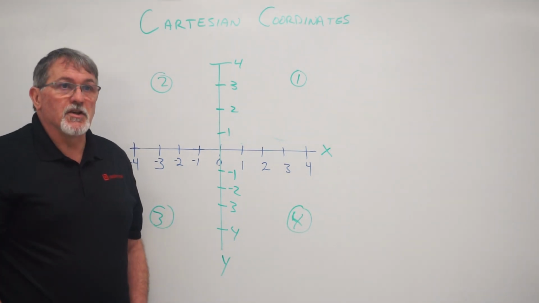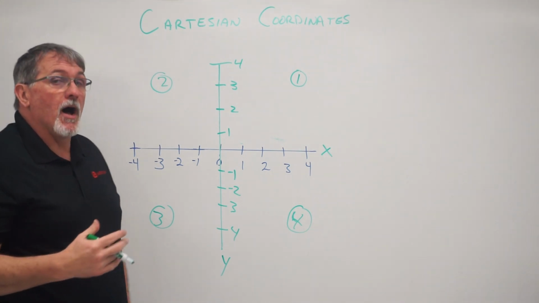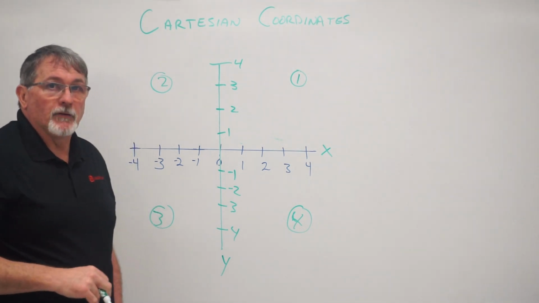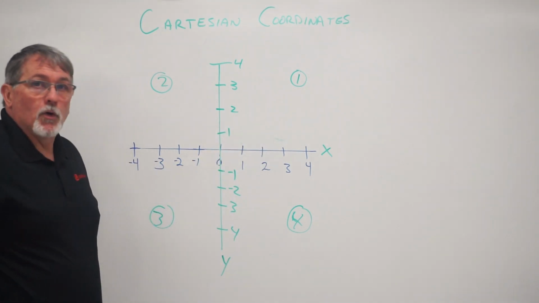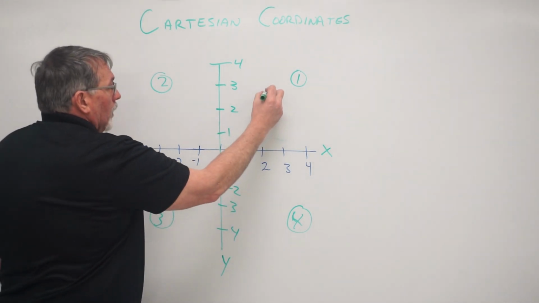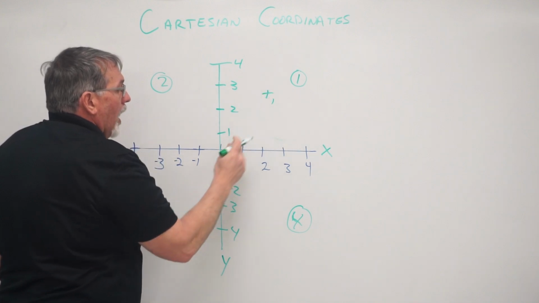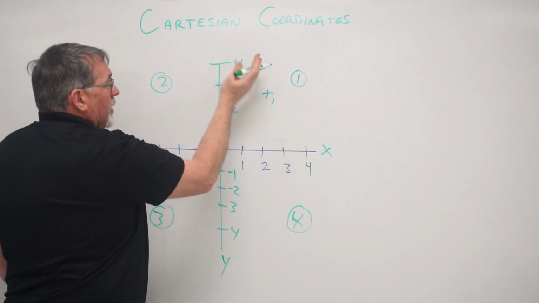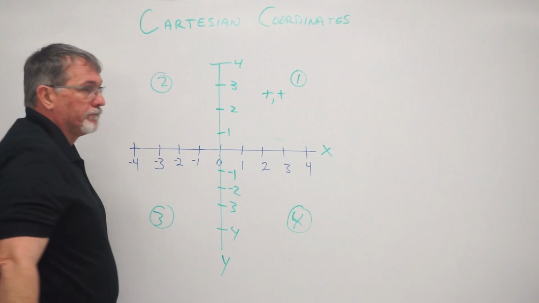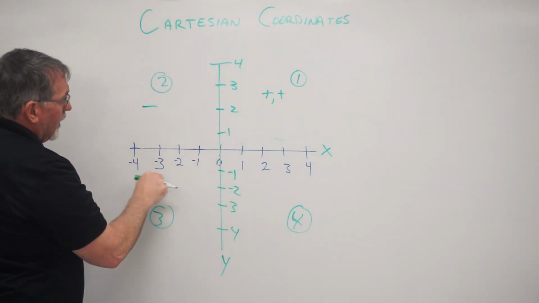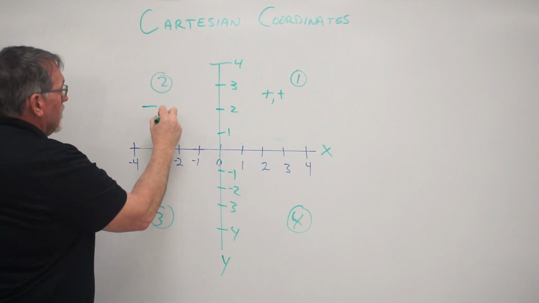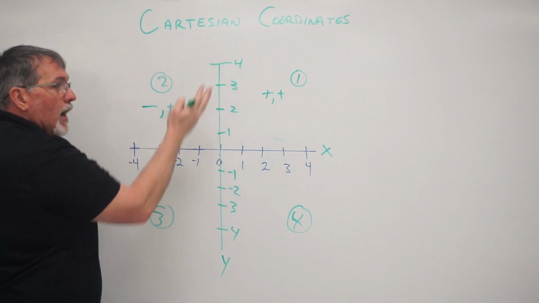You'll notice in each of these quadrants they have a positive and negative impact on our programming position. So everything in quadrant number 1 will be a positive X direction and a positive Y direction. Everything in quadrant 2 will be a negative X position and a positive Y position.